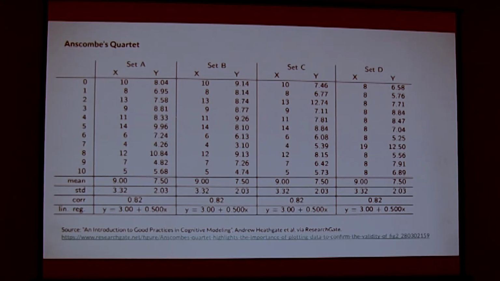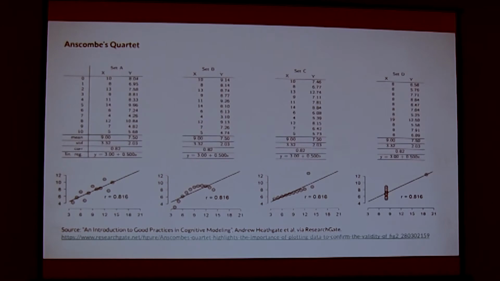End of story. But when we actually plot them, we find that they're drastically different data sets. This is a really great example of where traditional statistical measures don't give us the fidelity of information that we need, or the story that we want to tell.